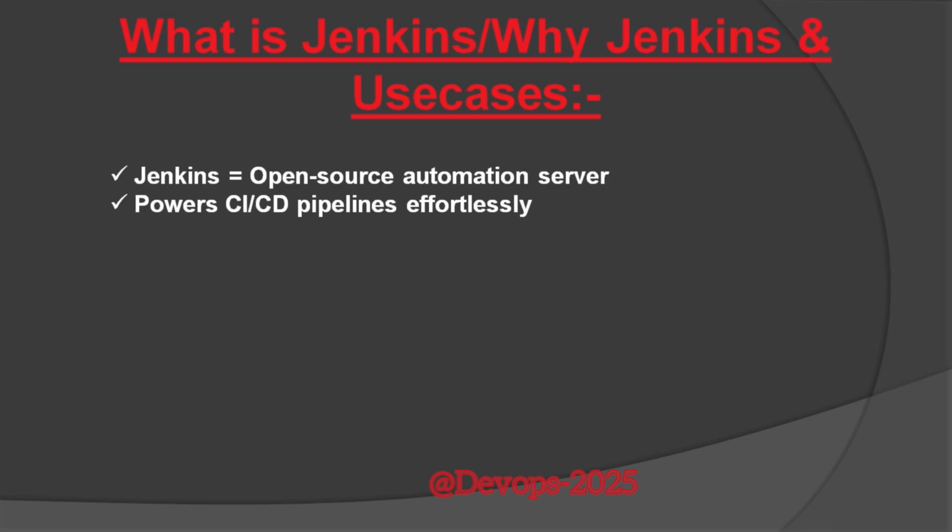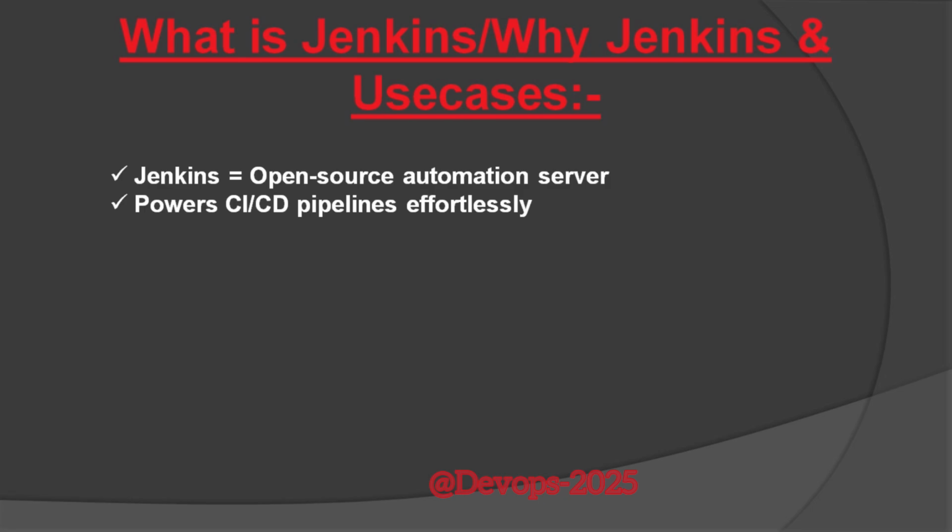It also supports distributed builds. That means you can run the jobs on multiple servers to save time, which is called parallel builds. And it's been around for years, so it's proven stable and community driven as well.